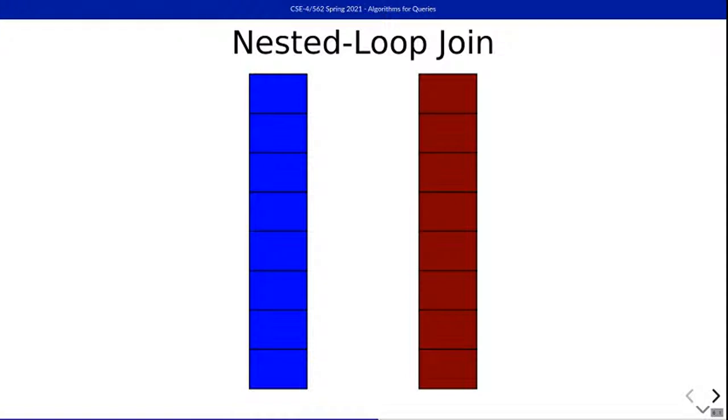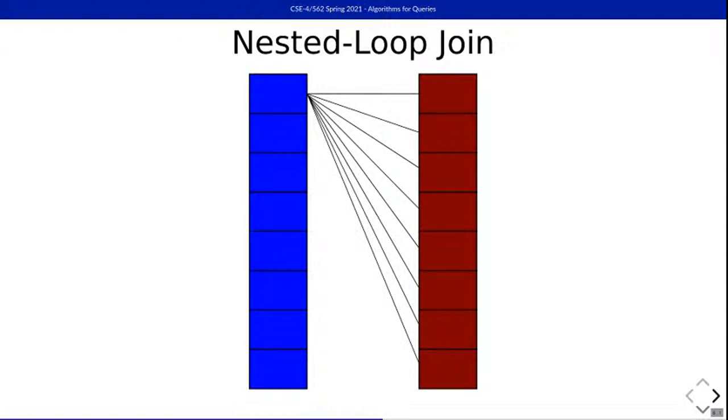With nested loop join, what we're essentially doing is reading one tuple in from the blue table, and we're joining it against every tuple from the red table, which means we need to scan over all of the tuples in the red table once. Then we read another tuple in from the blue table, and we scan over all of the tuples from the right.